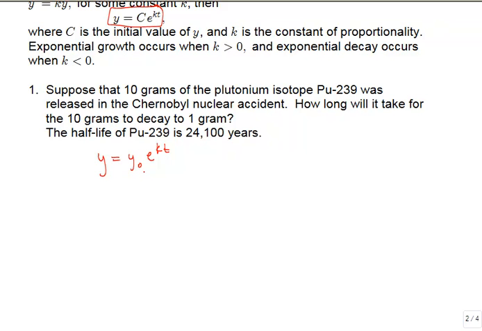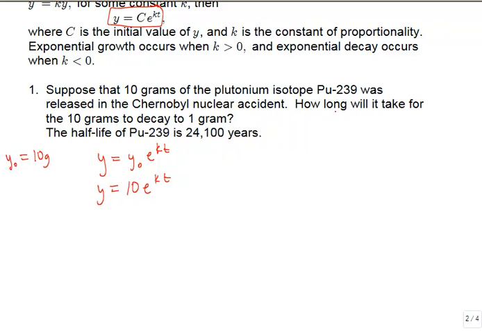It's modeled by this equation right here. So do we know the initial amount of this plutonium? Well, we are told that we're starting with 10 grams that was released initially. So y sub 0 here is going to be that 10 grams. So I can go ahead and plug that in as my coefficient.